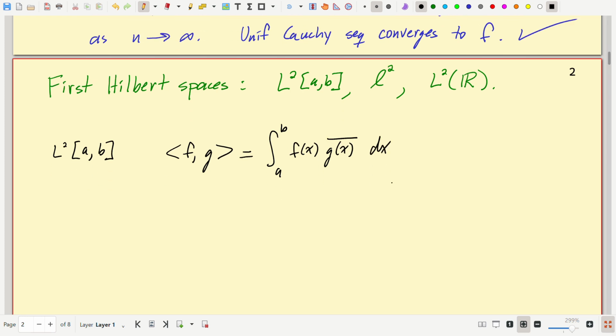Little L2 is the space of square summable sequences, so a_n as n goes from 1 to infinity, such that the summation of the modulus squared, if it's complex, is finite.